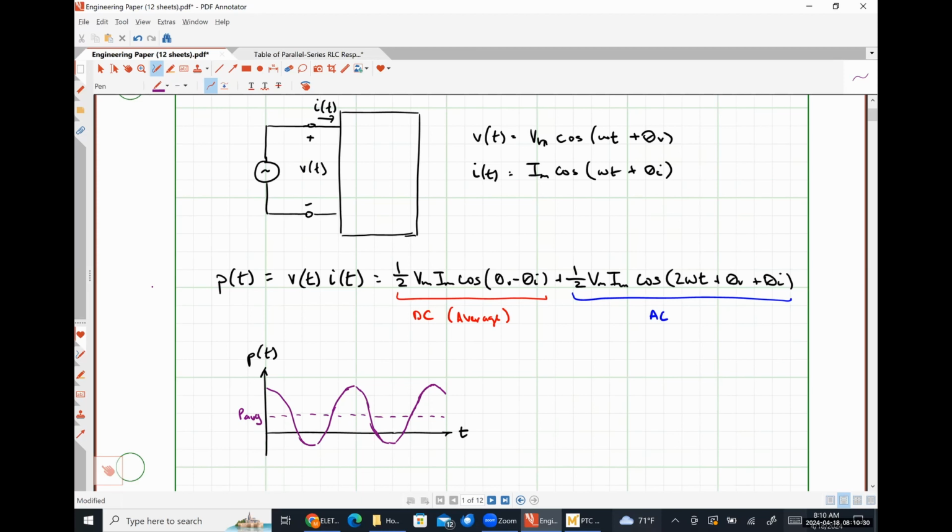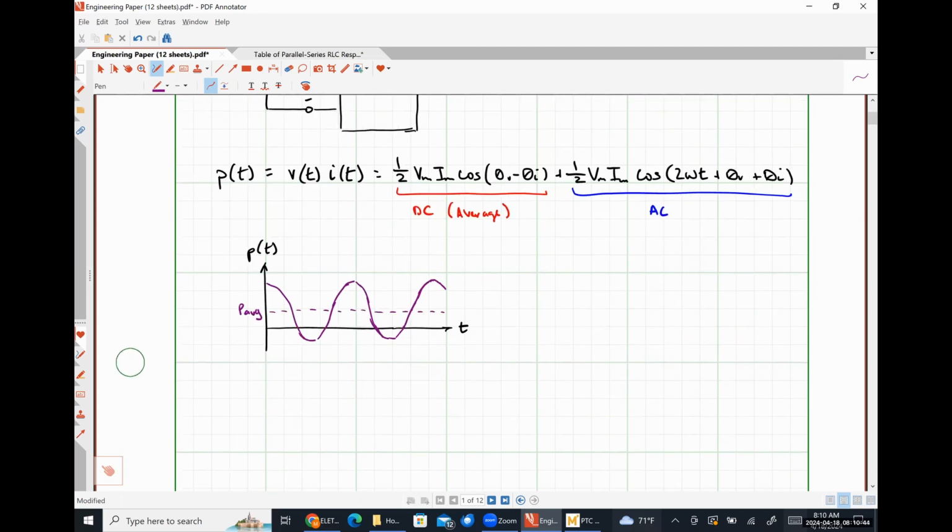Now, in a three-phase system, we would have something extremely similar, except that we would have three different phases of our voltage waveform and our current waveform.